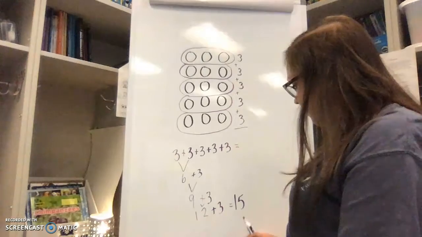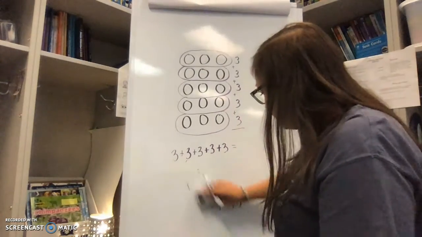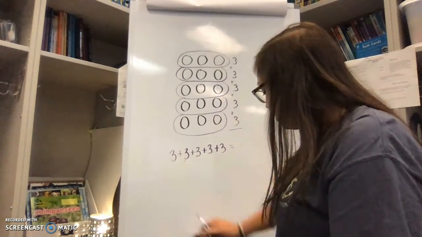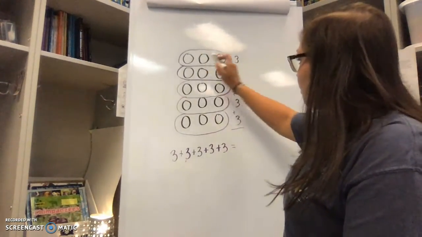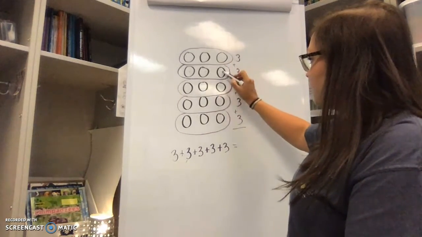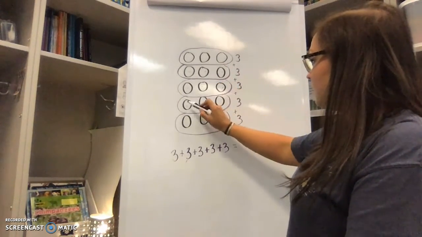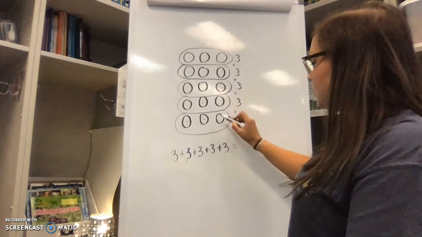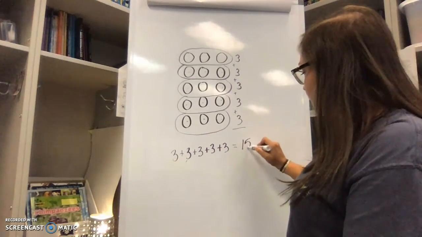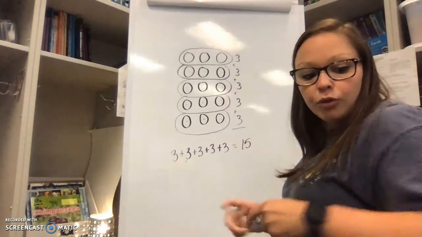That's one way I could add that, or I could count by 3s. 3, 6, 9, 12, 15. That's doing it by rows.